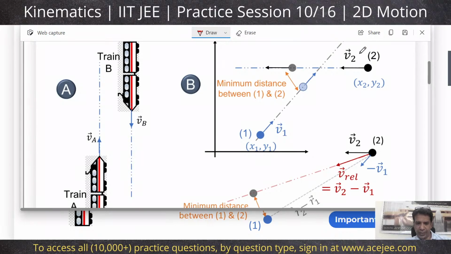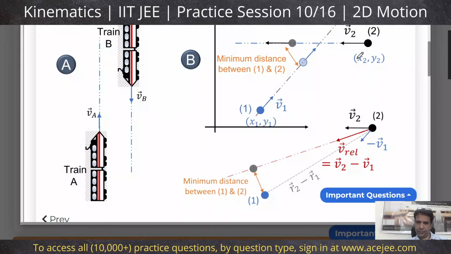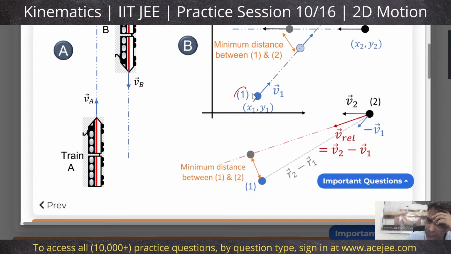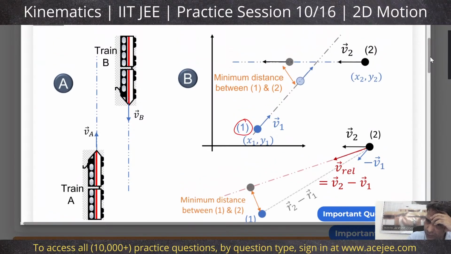So let's see what we have here. You have these particles, particle 1 and particle 2.